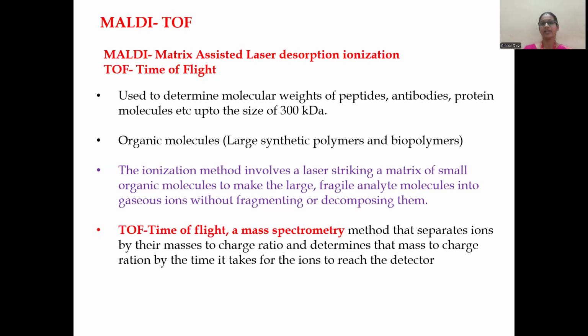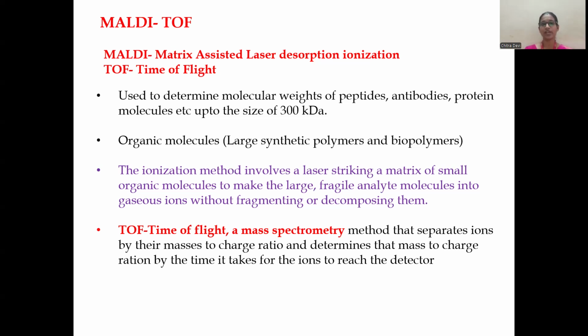The main application of MALDI-TOF is to find the molecular weight of peptides, proteins, and antibodies, and protein molecules with sizes up to 300 kilodaltons. If you want to analyze these specific compounds, you can use MALDI-TOF spectrometry.